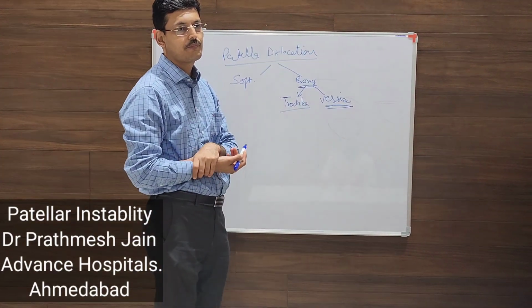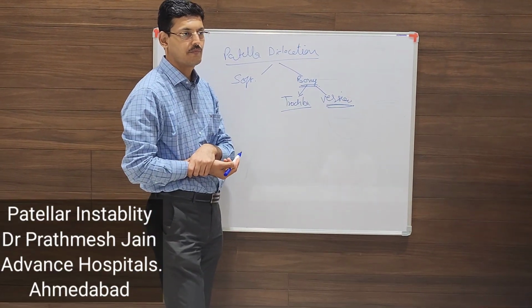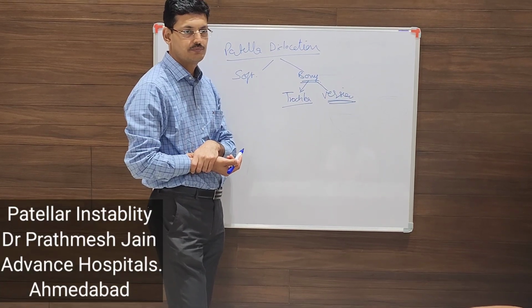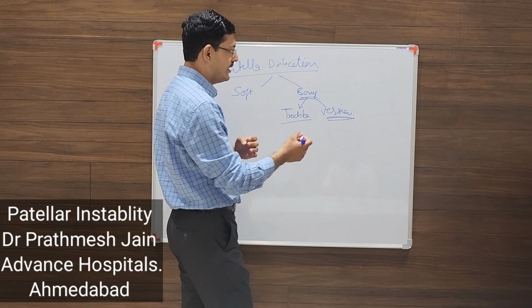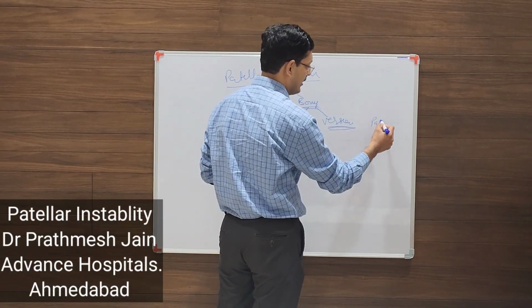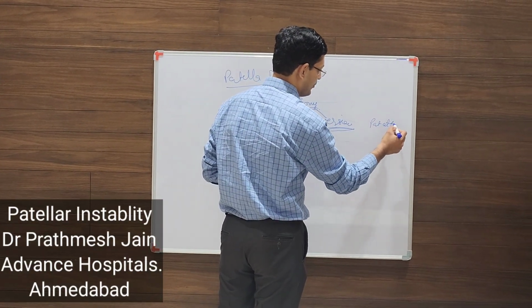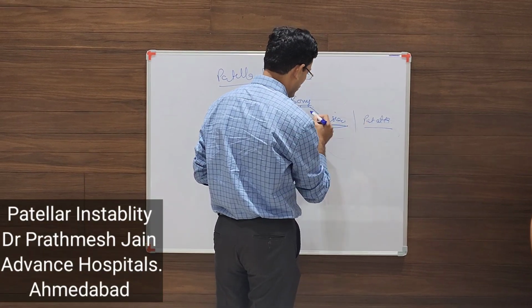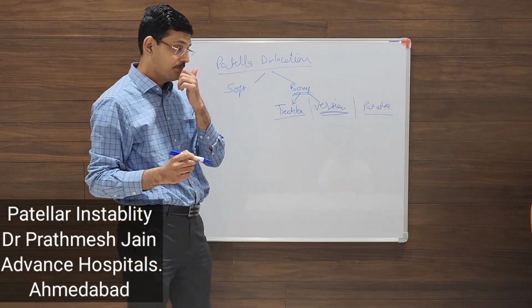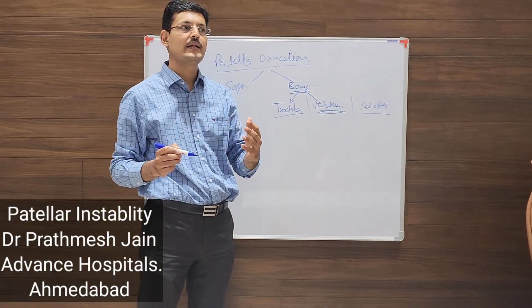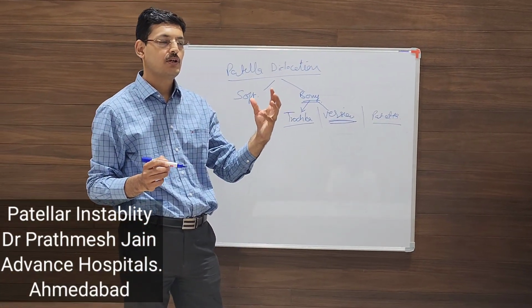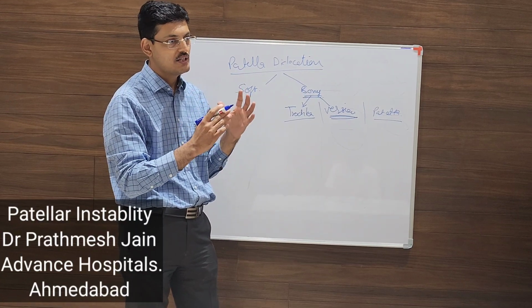Then when patellar height, so if there is a patella alta, that is an issue. And there is one more issue which we call the Q angle, or you can tell it as a tibial tuberosity insertion malalignment.